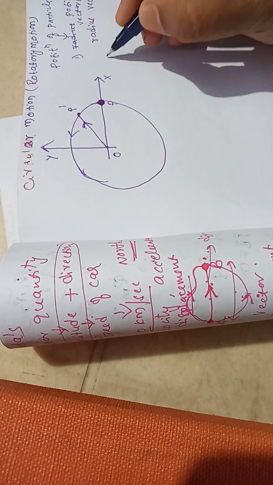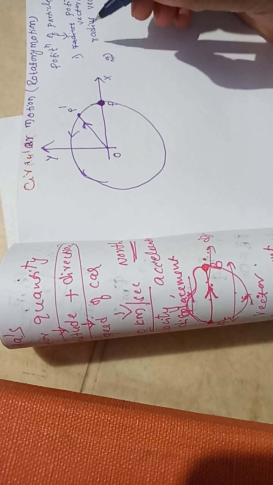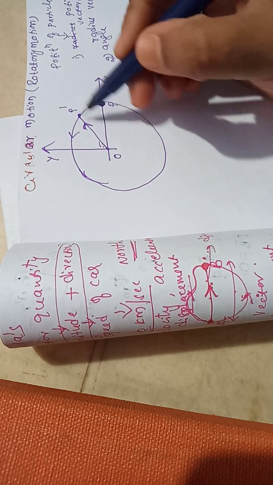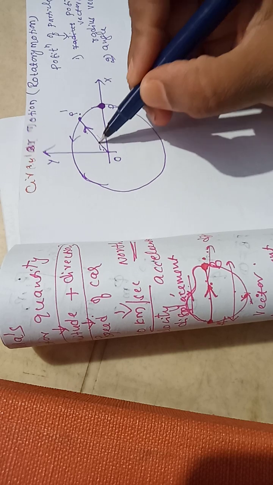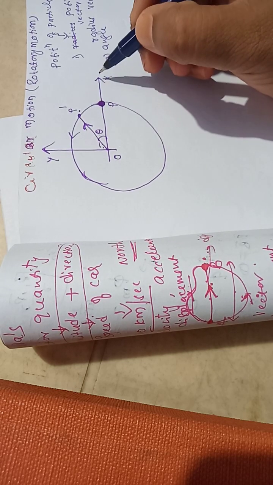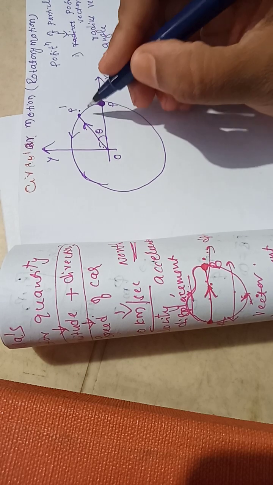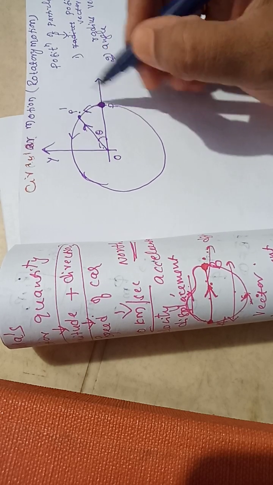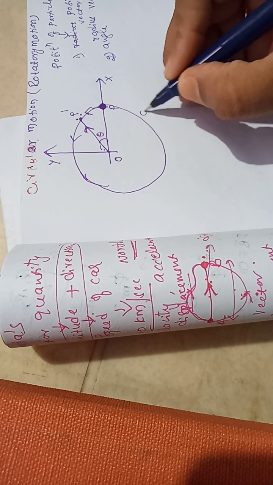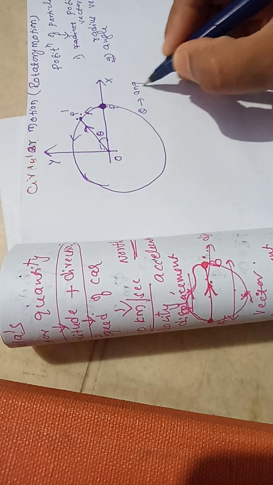The second coordinate which is used to specify the position of the particle is the angle. Now see here, the position vector OP dash is making a certain angle with the x-axis. So we can say that the particle from P to P dash has undergone angular displacement.